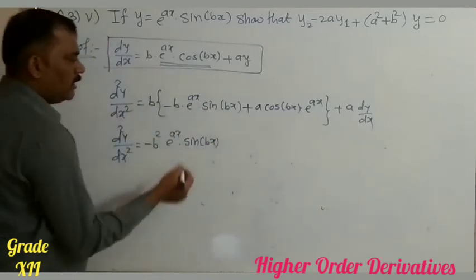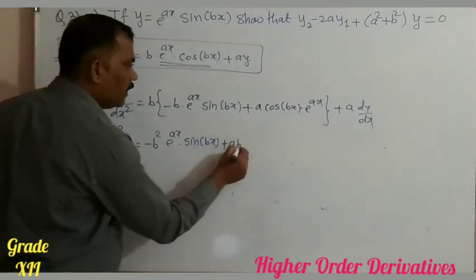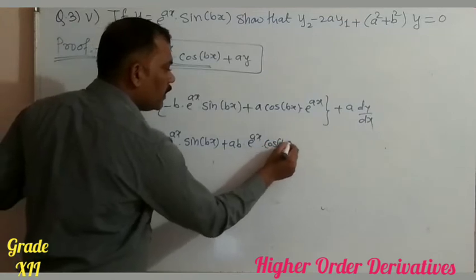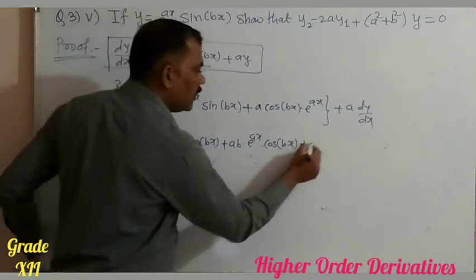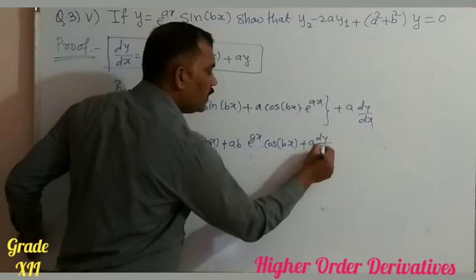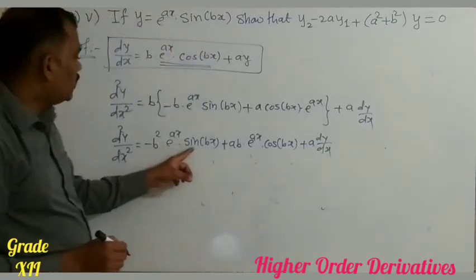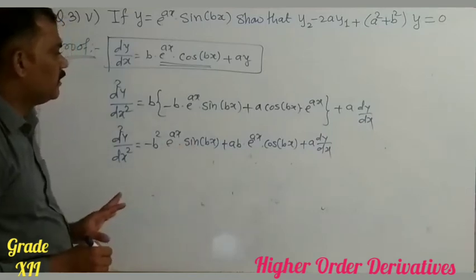If we multiply the b, we get ab into e raised to x into cos of bx plus a into dy by dx. Okay, e raised to x into sine of bx is nothing but the y.